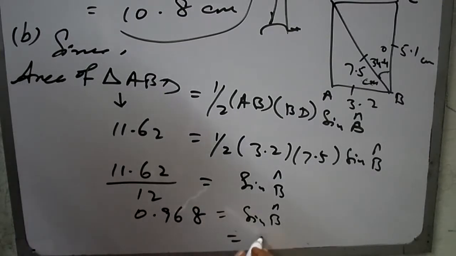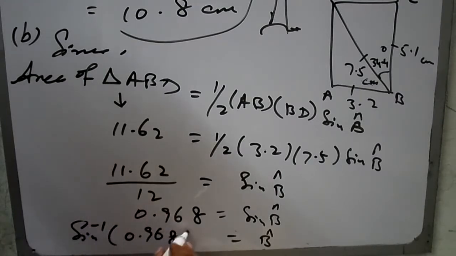But you need the angle B only, so sine inverse 0.968.